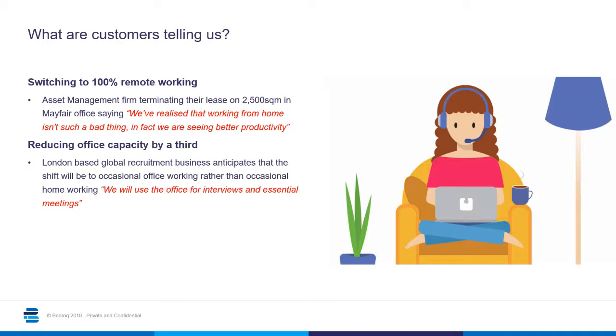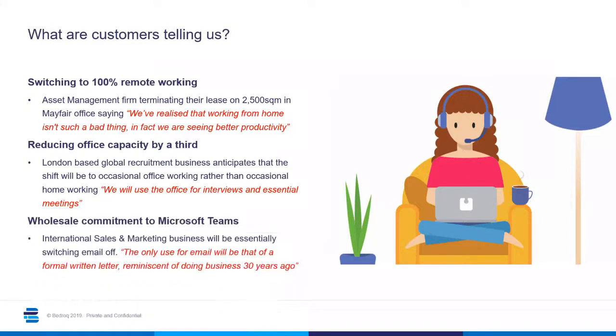But how do they ensure they still portray their business as a high-end organization? Finally, an international sales and marketing business is switching from email as their main comms tool to Teams, where they'll only use email for more formal written communication to clients and partners, similarly to how the written letter has evolved over the last 30 years.